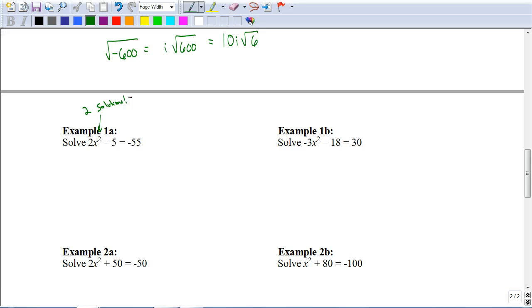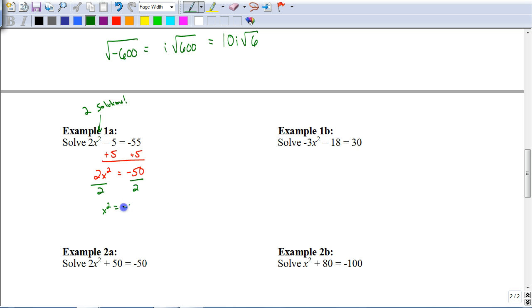Here we have 2x squared minus 5 equals negative 55. Just like earlier in the chapter, we want to get the x squared by itself. So what I'm going to do is add 5 to both sides. So I get 2x squared equals negative 50. Don't do anything with the x squared yet. I always save that for last. Next, I'm going to divide by 2.